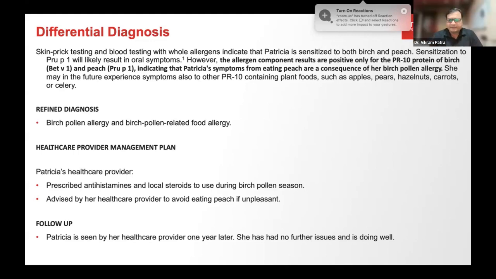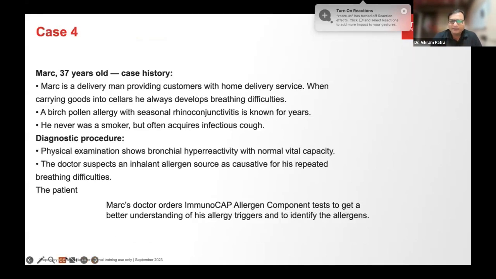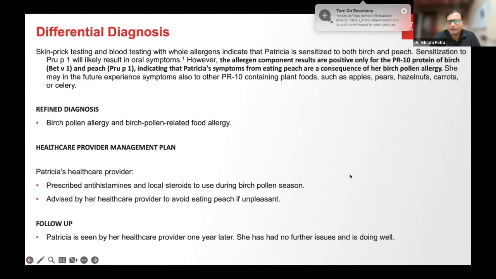So basically, as we discussed earlier, if we are getting co-sensitization or cross-sensitization, we'll go for immunotherapy of the allergen where the signature molecule is present. We'll not go for the cross-reactive allergen.